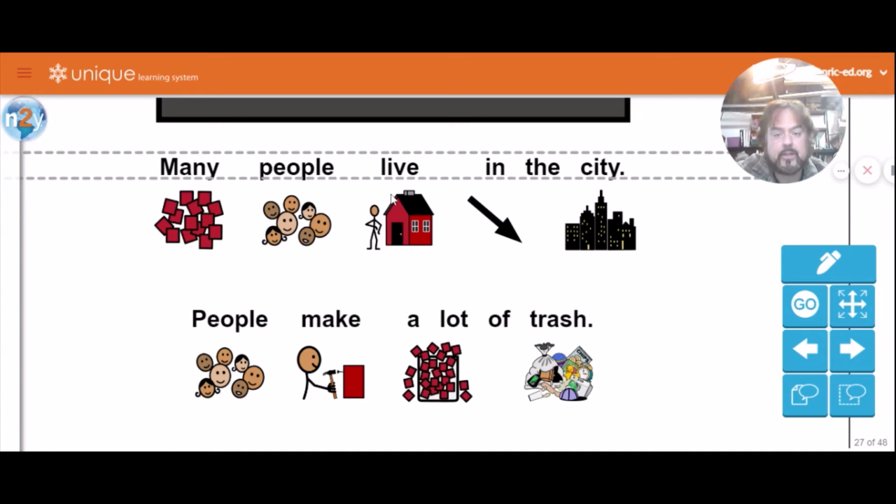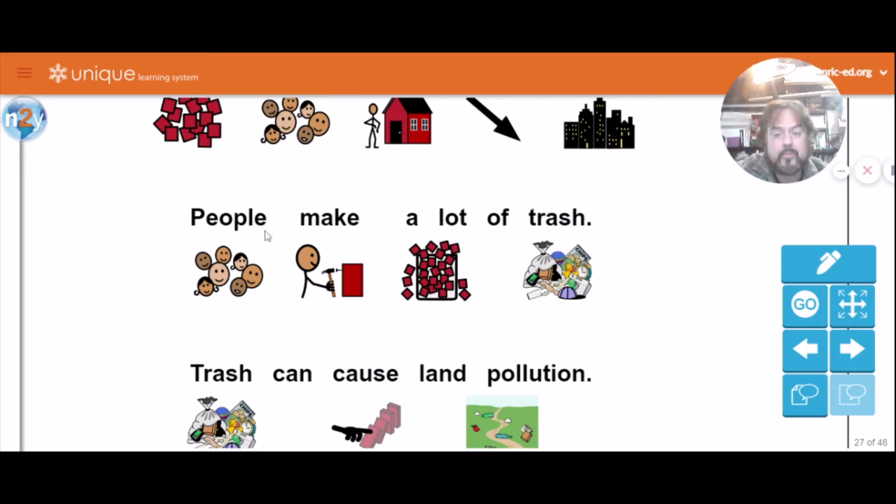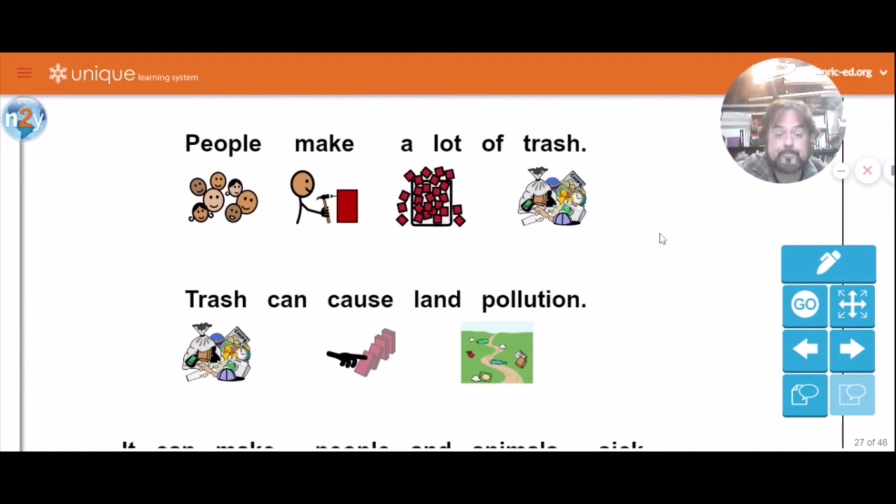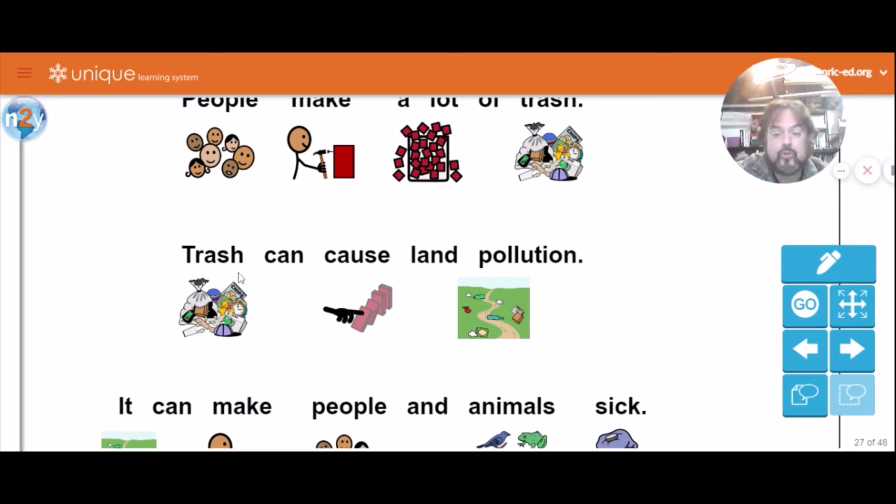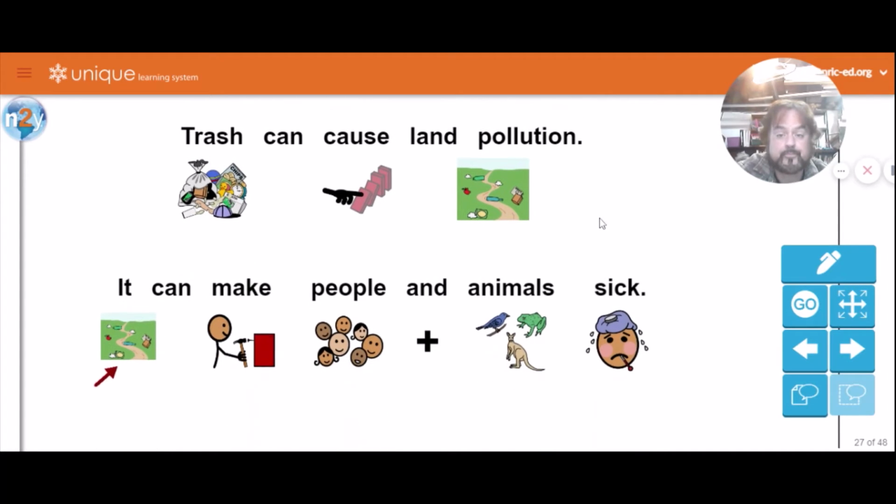Many people live in the city. People make a lot of trash. Yep. Trash can cause, like a domino effect, trash can cause land pollution. It can make people and animals sick.